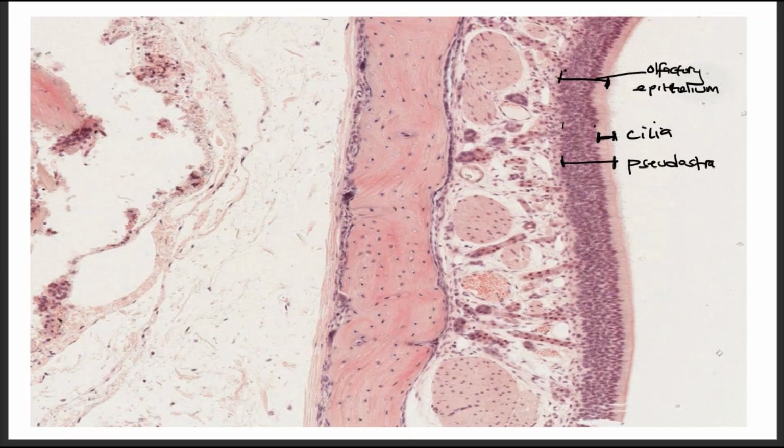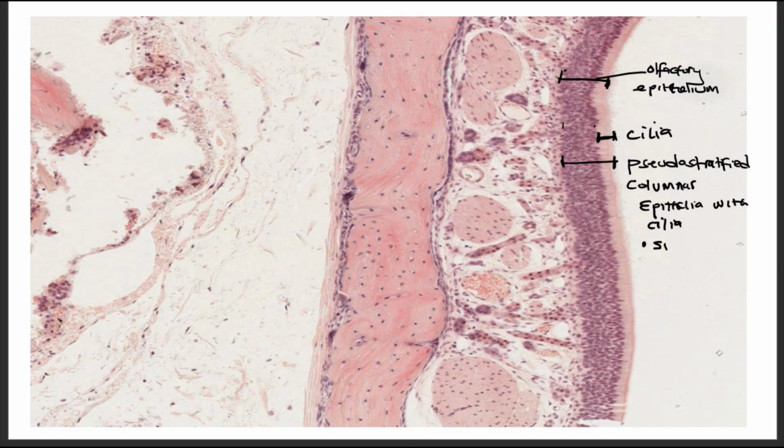Pseudostratified columnar epithelia with cilia. Now, what you notice is that this olfactory epithelium, which is pseudostratified columnar epithelium, has three types of cells.